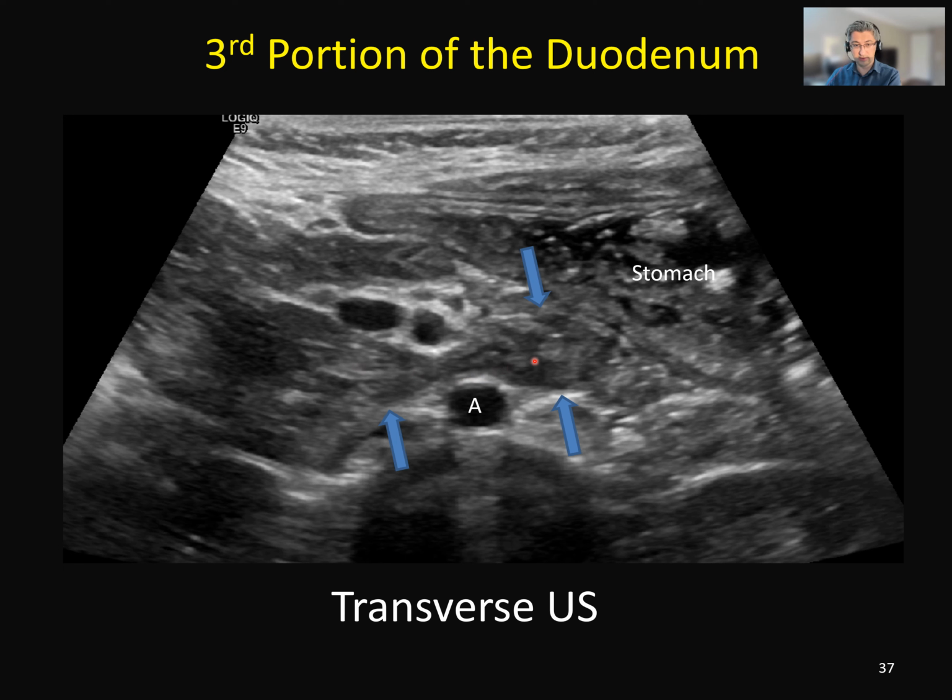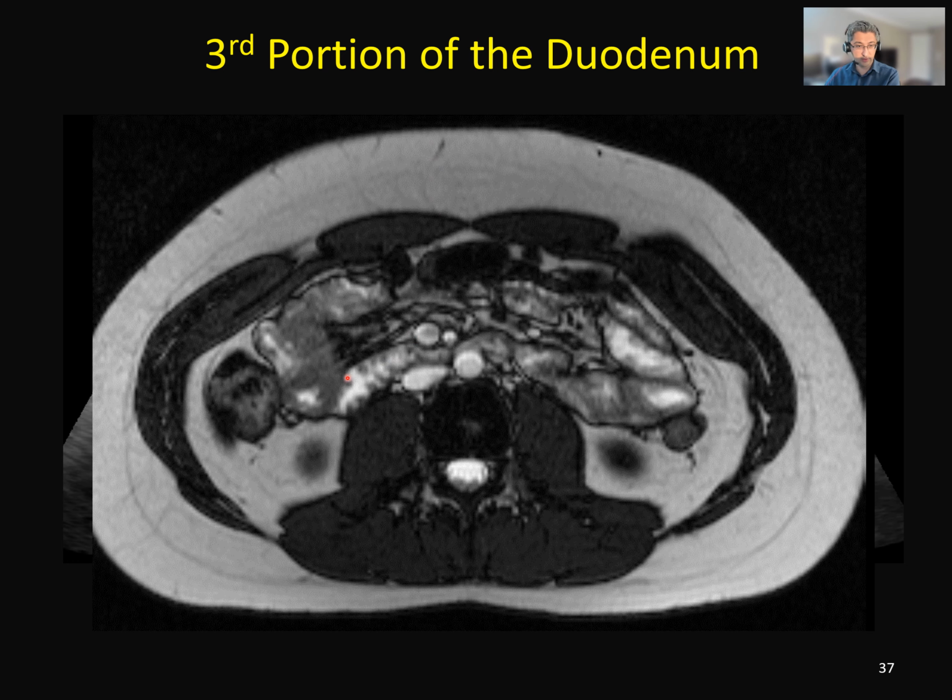So this is the D3 portion of the duodenum. This is normal. We can also see them on cross-sectional studies. This is duodenum D1, D2, and D3, and it crosses the midline between the aorta and SMA. So when you see this, you can exclude a malrotation.